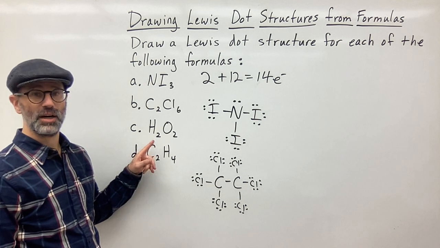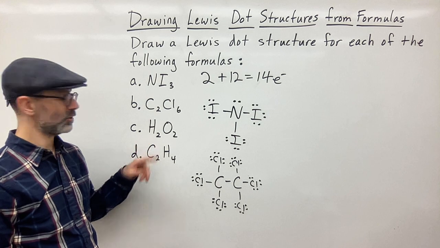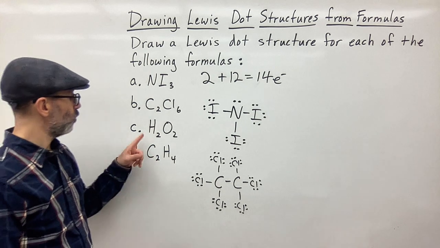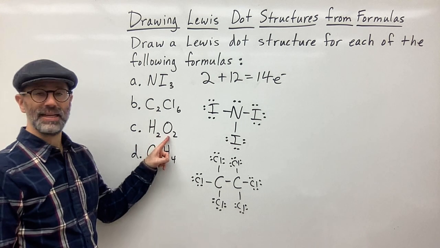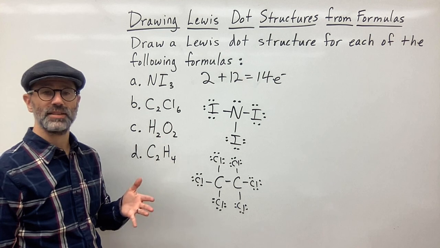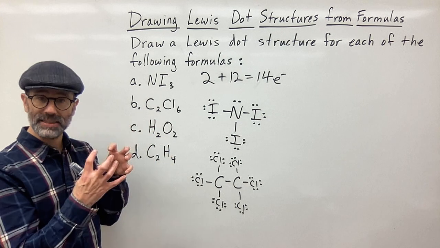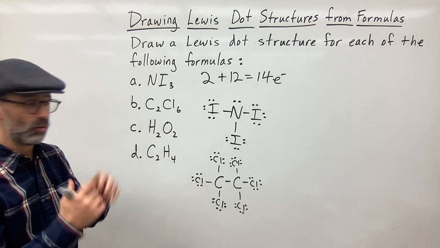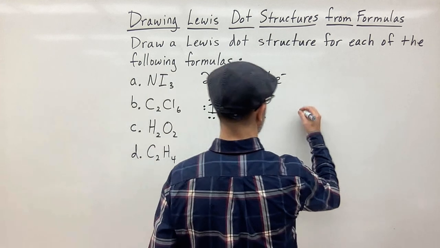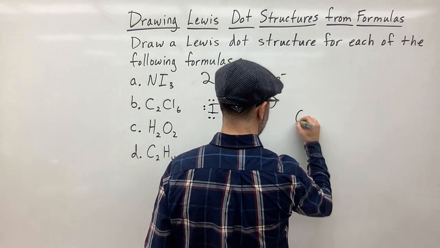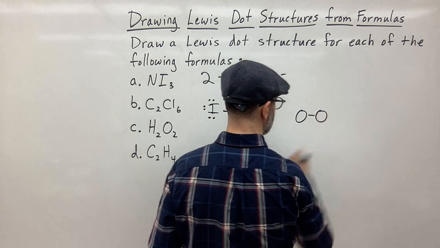You need something that's going to bond more than once, a lot more than once. So hydrogen is ignored, so that leaves oxygen. Oxygen has to be the central atom. Notice we have two of them, so they're going to be bonded together, and then both of them will be the central atom. So here I'll write on this side, I'll put the two oxygens together.